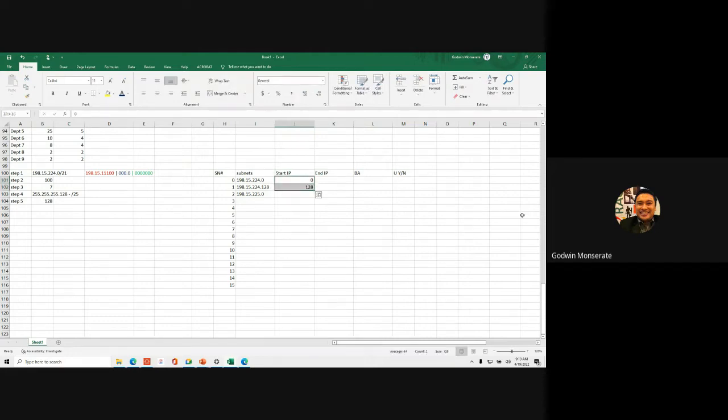Is it correct? So let's highlight that. Just so you know, the third octet also increases by 1: plus 0, plus 1, like that.